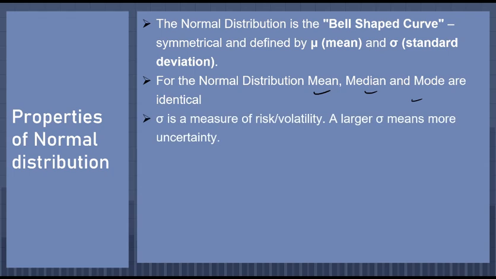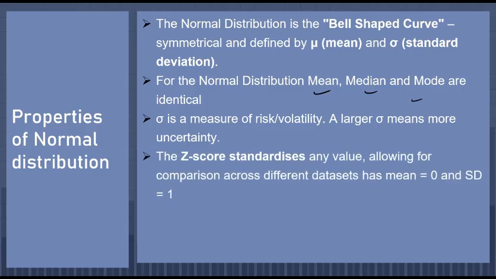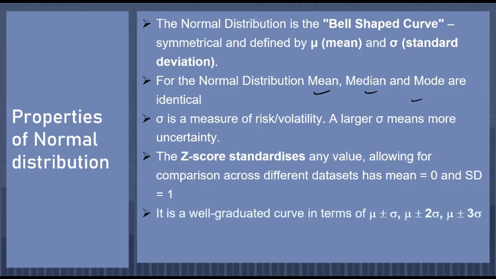Sigma is the measure of risk or volatility. That means a large value of sigma means that uncertainty in the value of the variable is more. And the Z score standardizes any normal distribution value, allowing the comparison against a data set which has a mean of 0 and standard deviation of 1. It is a well graduated curve in terms of mu plus minus sigma, mu plus minus twice sigma, and mu plus minus thrice sigma.